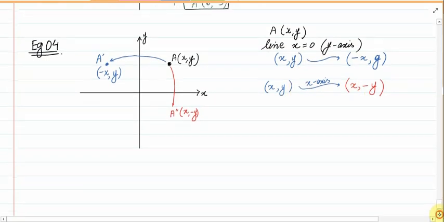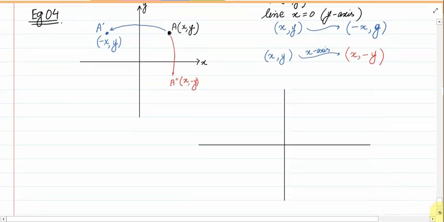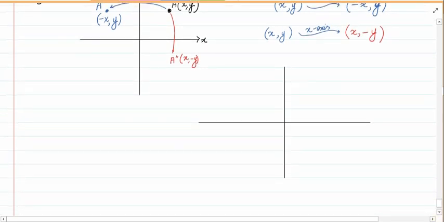Alright, if you have a problem where the reflection is not in the x or y axis but with a specific line, I am going to tell you the method for this question. Okay, now inshallah in this example your concept will be crystal clear. So that is my x-axis, that is my y-axis.